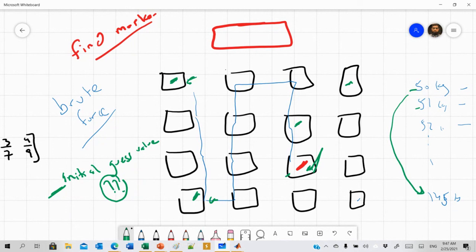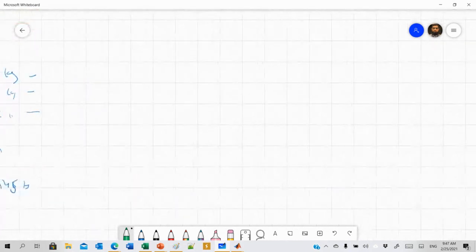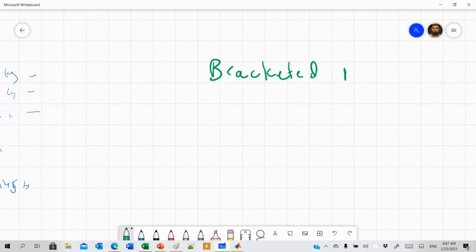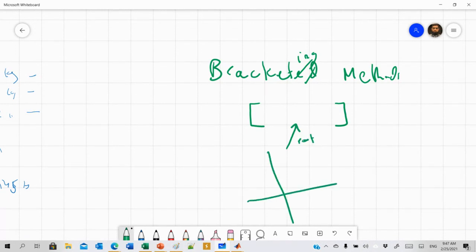The first method that we are going to use here now in this chapter is called the bracketing method, or the bracketed methods. These work on knowing that we have an interval, and within this interval there is a root. So I plot my graph between two values.